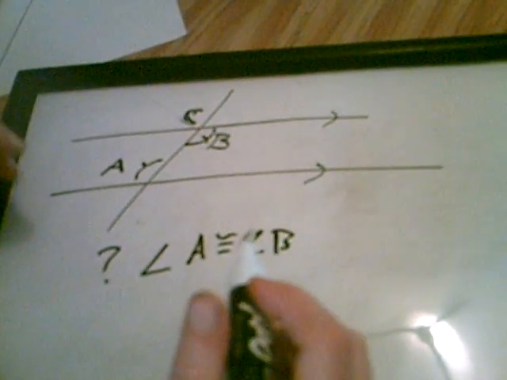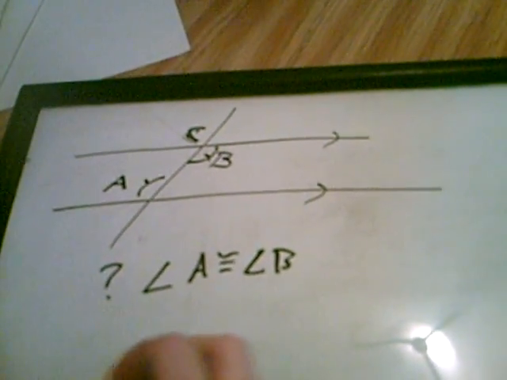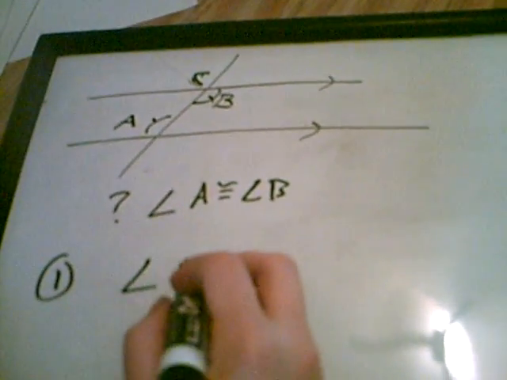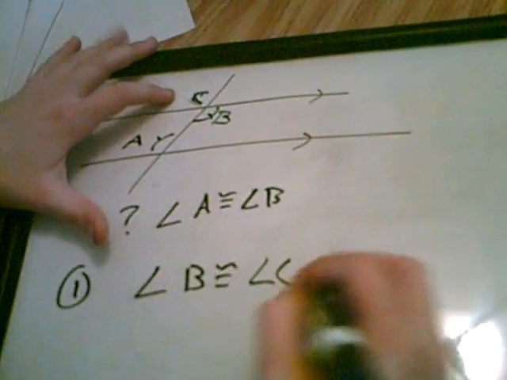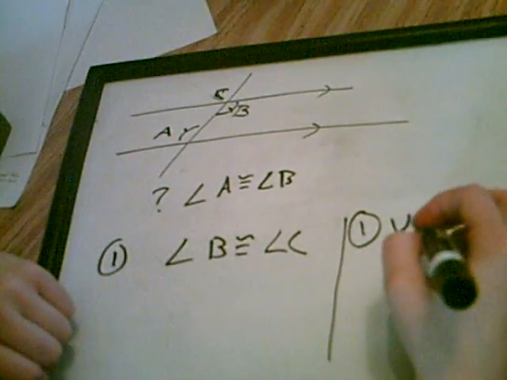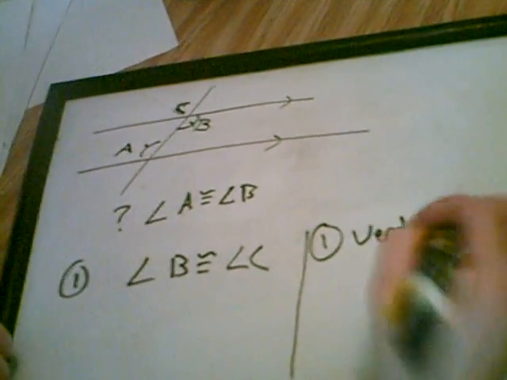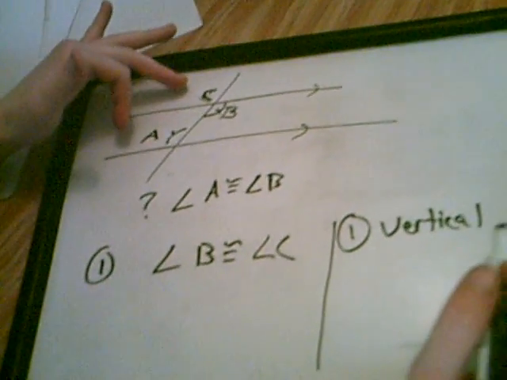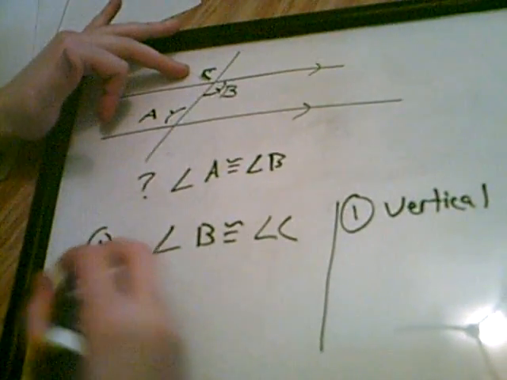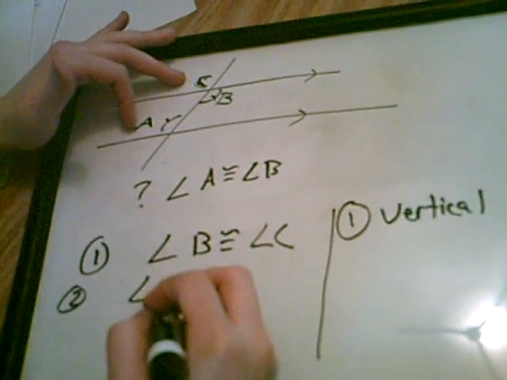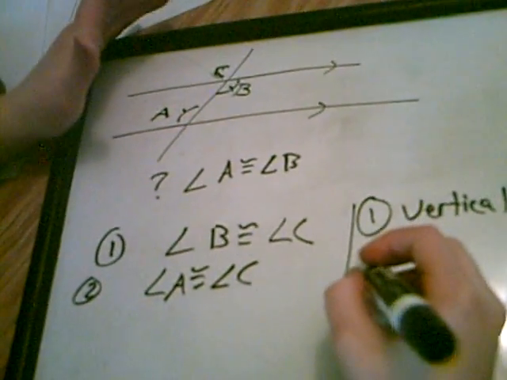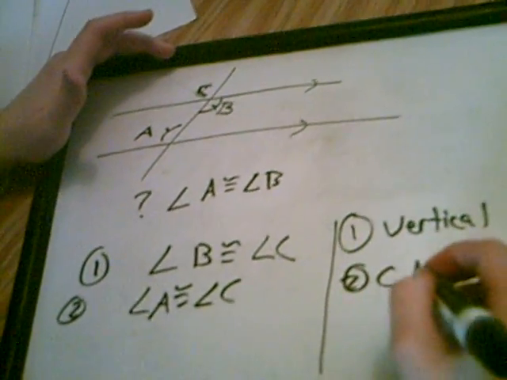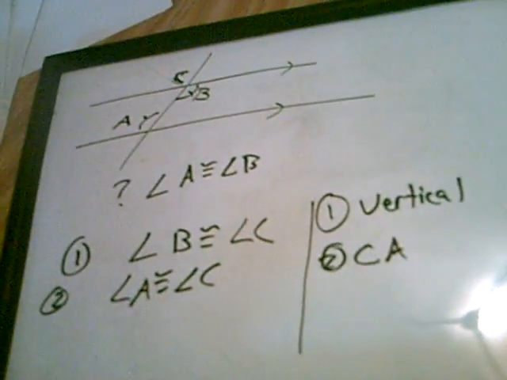So my first step will be that angle B is congruent to angle C. And what reason can I give for that? Well, they're vertical angles, and we've already shown those. So those are vertical. And now we can look at these two and go, oh, angle A equals angle C, because of what we just talked about, corresponding angles. Okay?